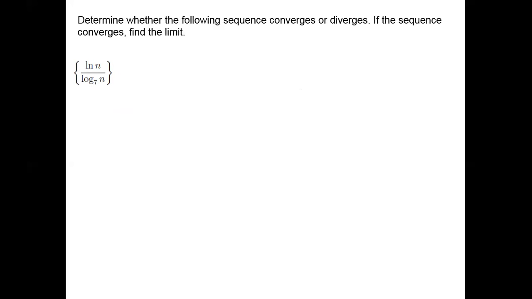Natural log of n over the logarithmic function base 7 of n. Let's find the limit. Limit at infinity of natural log of n over log base 7 of n. I have two different ways to compute this limit. I can apply L'Hopital's rule, or I can change the base of the logarithmic function in the denominator. Let's change the base. I will keep my natural log of n, and log base 7 of n I can rewrite as ln of n over ln of 7.